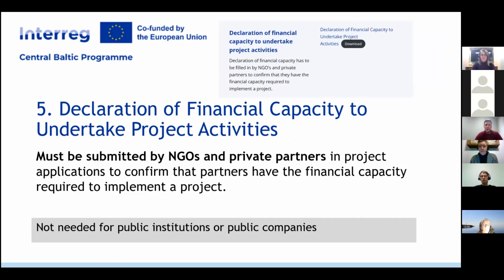This document, however, is not necessary for public institutions or public companies, though it should be obligatorily submitted by NGOs and private partners, so that they confirm that these partners have the financial capacity required to implement a project.